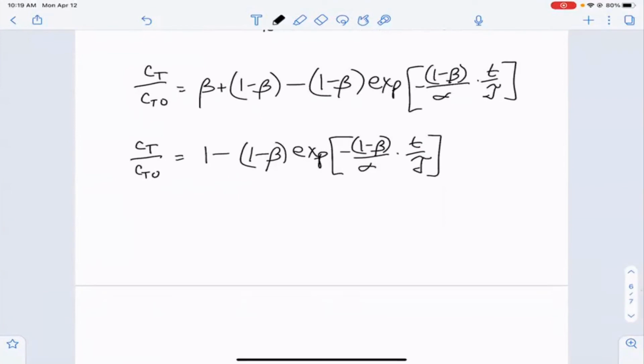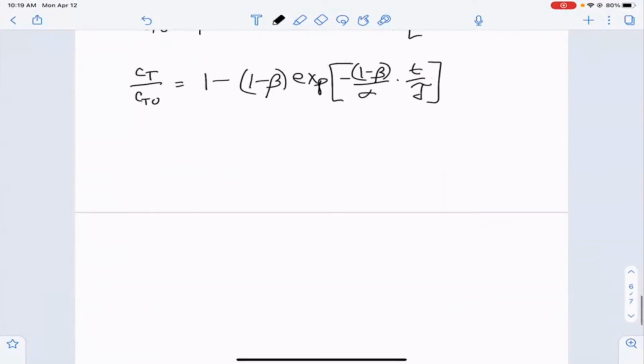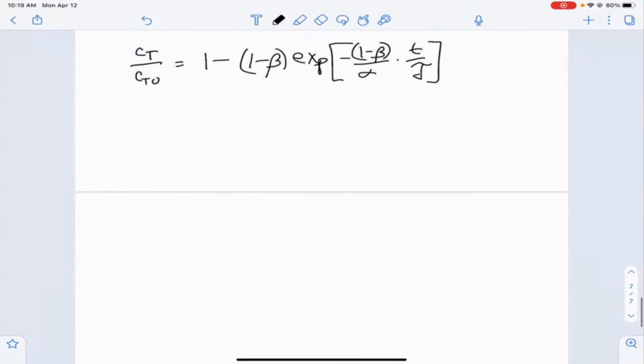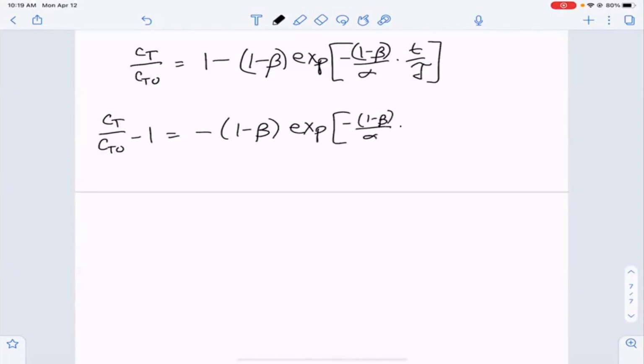And the first step in doing that is taking this equation here at the top of the screen and just moving the 1 to the other side. And so CT over CT0 minus 1 then equals minus 1 minus beta times the exponent of negative 1 minus beta over alpha times T over tau. Okay.